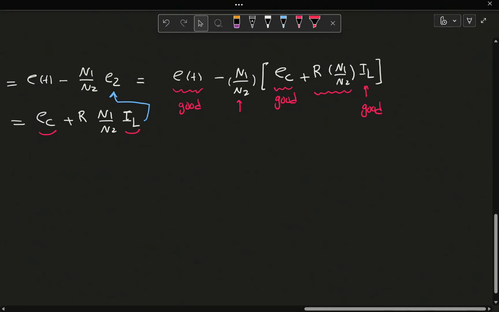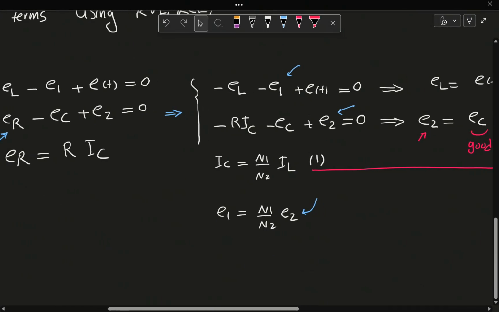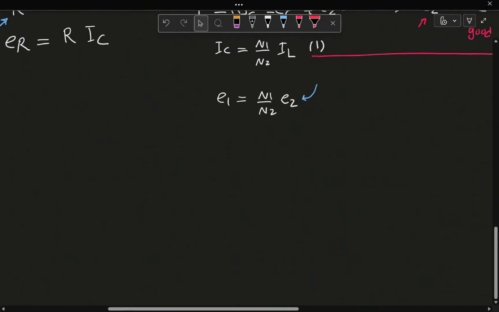So let's call this equation 2. Let's call the equation for the inductor here for the currents equation 1. So by substituting 1 and 2 in the capacitor and inductor equations, you can basically solve the problem. I'm going to start with equation 1 and the capacitor since it's easier.